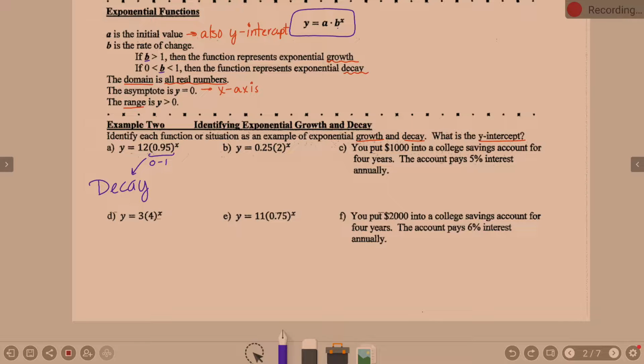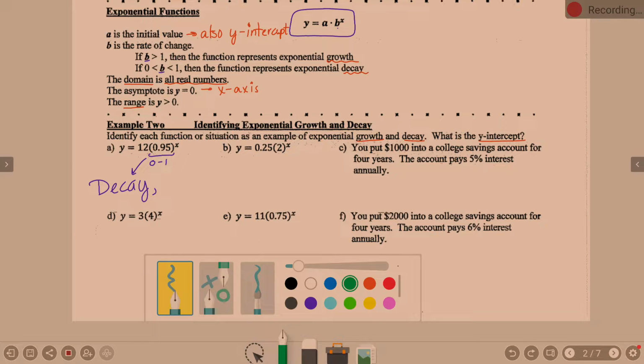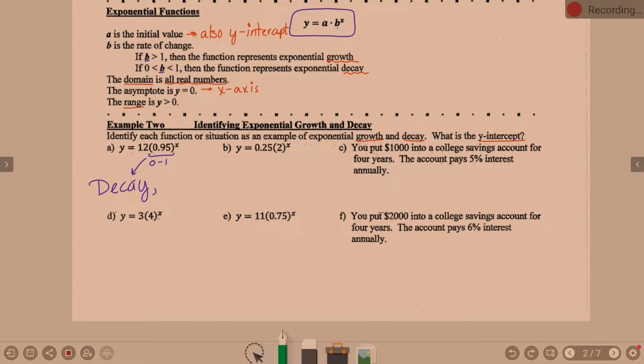Now, the other piece we were asked? Y-intercept. I referenced this earlier. Were you listening? Did you write it down? What did I say about y-intercept? It's the initial value. Okay, the initial value, the A, is your y-intercept. Now, where is A? A is the number out front, kind of your stretch or shrink. It's that number out front that does not have the power. So in this case, A is 12.